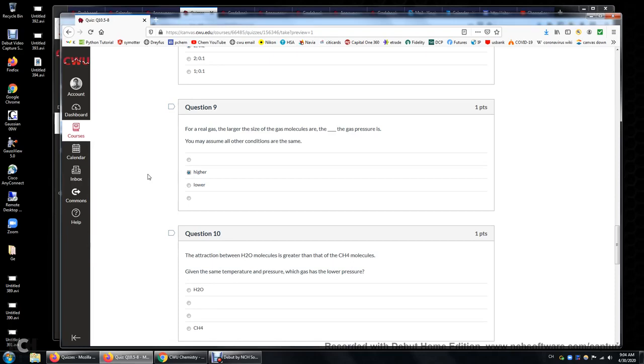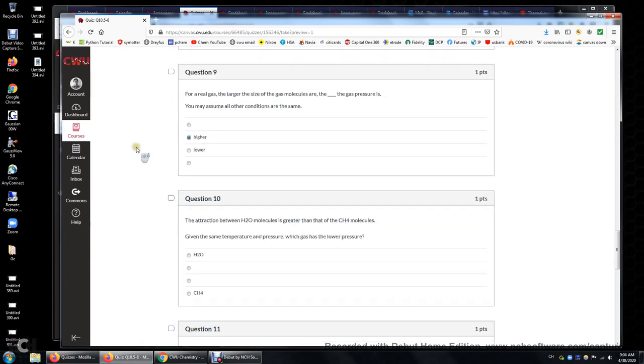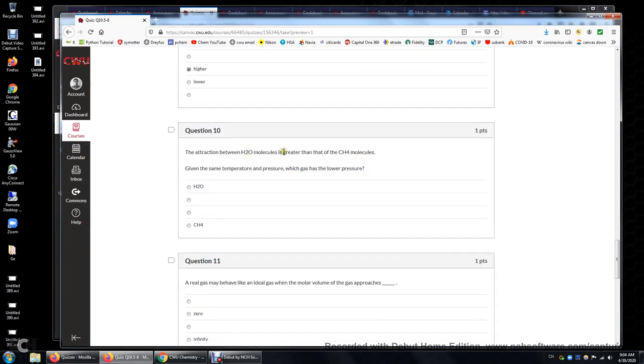So the larger the size of the gas molecules, the smaller the available volume, and therefore the greater the gas pressure.